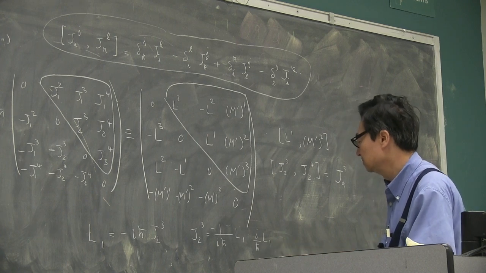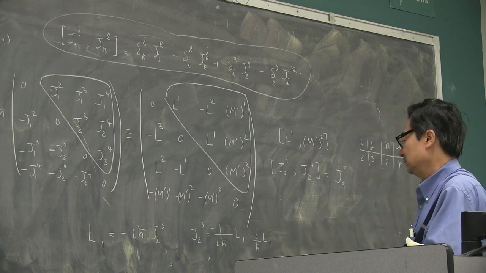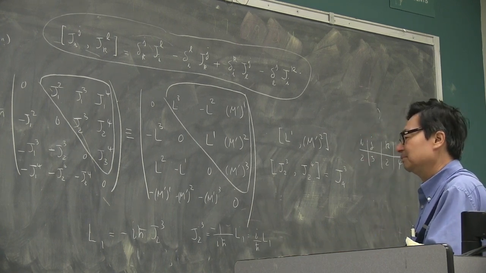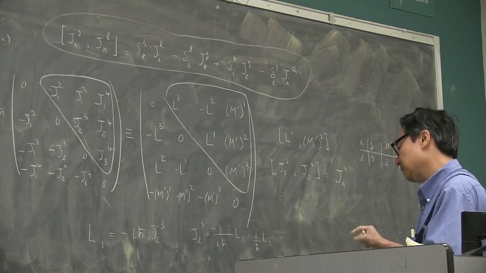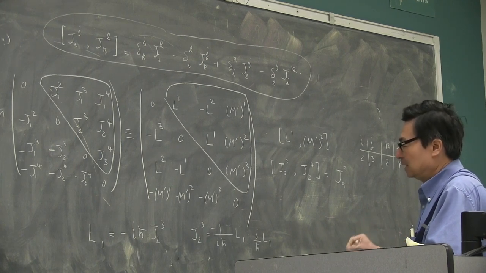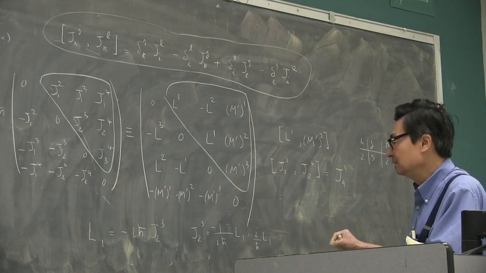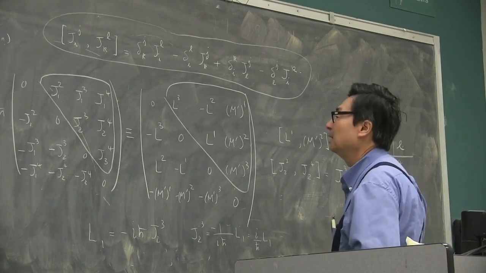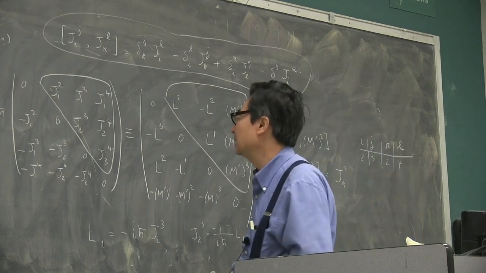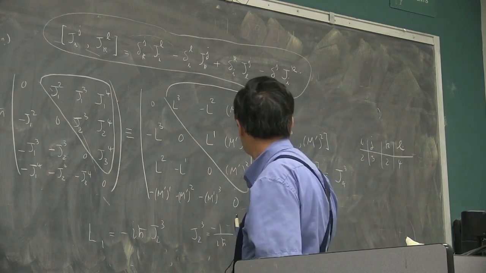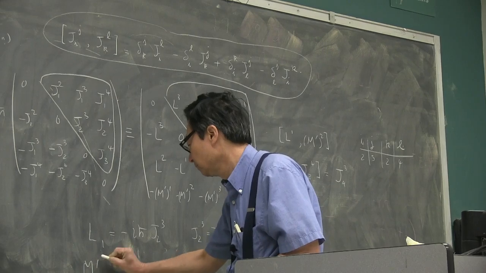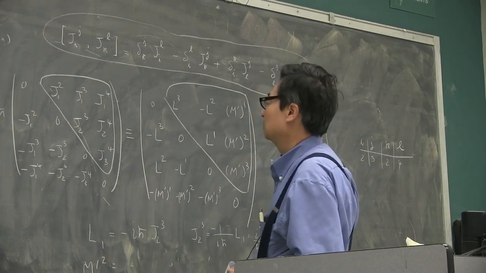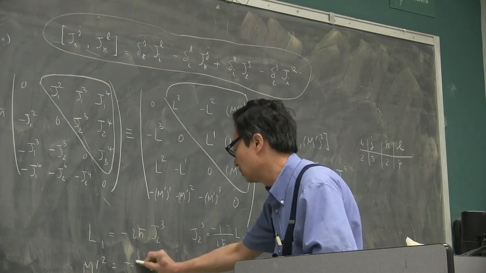Did I make a mistake in here? Is that okay? This 1 over H bar. 1 over I is equal to minus I, right? So minus I is plus I. Minus I, M prime 2 is equal to minus IH bar J24.